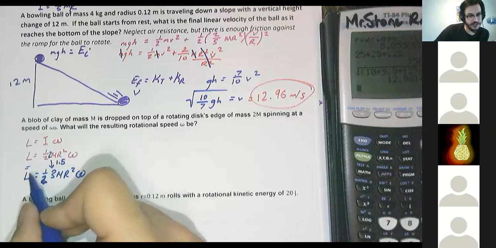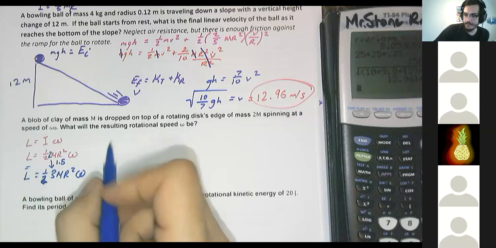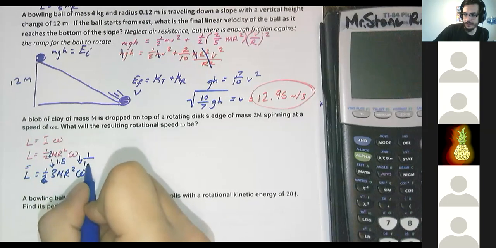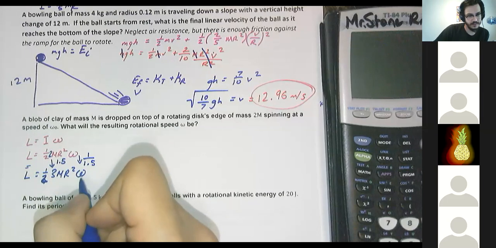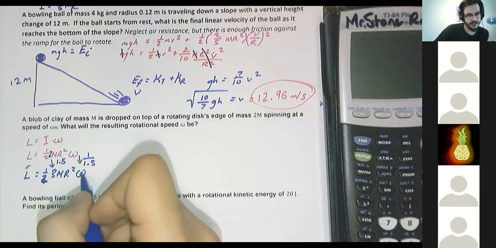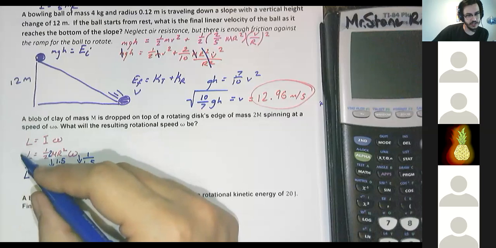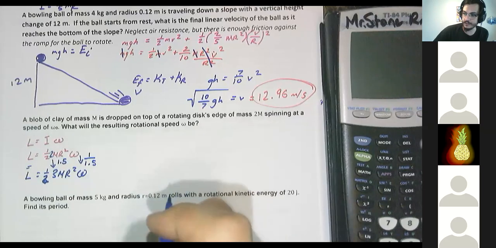In order to undo that, to keep L the same, we are going to have to take 1/1.5 times our angular velocity, because that would cancel out the change in order to keep our momentum constant.